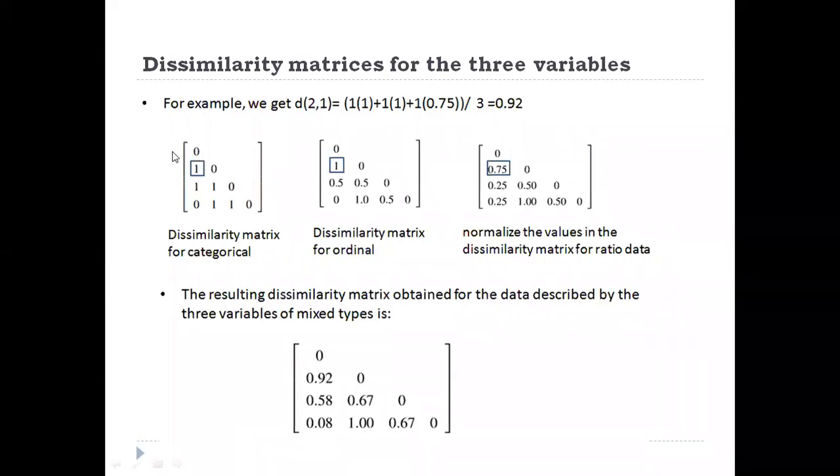Here we have the dissimilarity matrix for the categorical variable test 1, the dissimilarity matrix for the ordinal variable test 2, and the dissimilarity matrix for our ratio data, which is test 3. For example, I'm taking entry 2 comma 1 in all these matrices and using it here: 1 into 1, plus 1 into 1, plus 1 into 0.75.